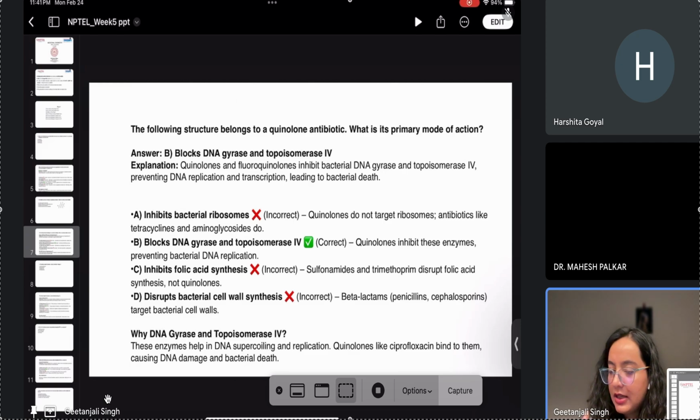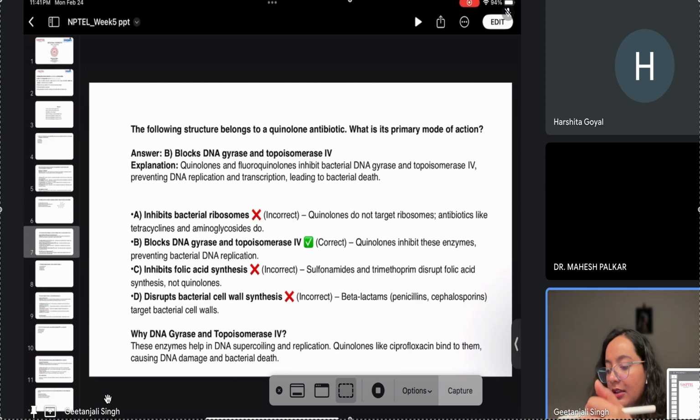So, quinolones and fluoroquinolones inhibit DNA gyrase and topoisomerase 4, preventing DNA replication and transcription, often leading to bacterial cell death. Let's discuss why the other options are not correct. The first option was inhibits bacterial ribosomes. This is incorrect because the target of quinolones is not ribosomes.